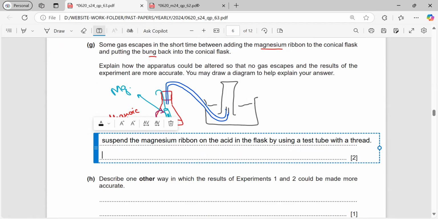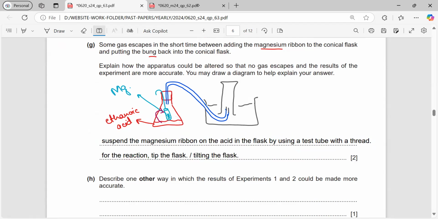And the second point is that to start the reaction, tip the flask. Tipping the flask means tilting the flask. We can tilt the flask a little bit and the acid will start reacting with the magnesium. The word used here is tip. You have to use the word tipping the flask.